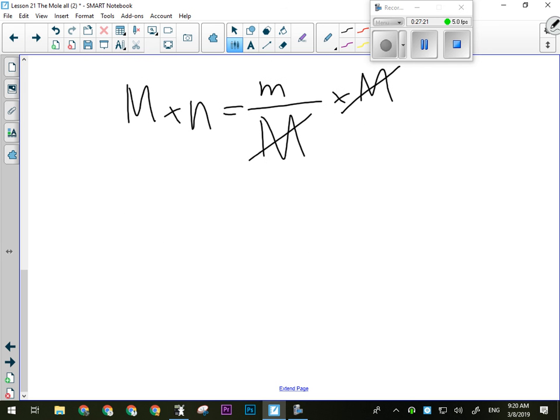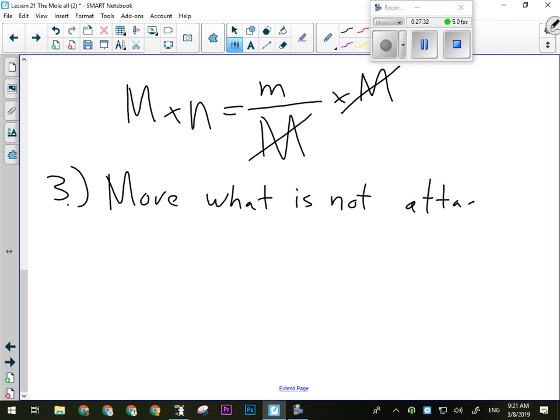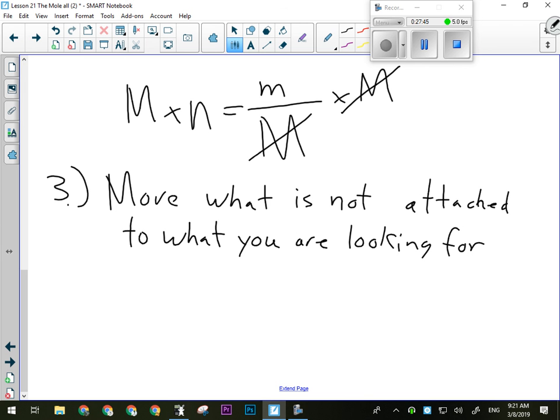So the third rule, just so you have it, is this. Move what's not attached to what you're looking for first.